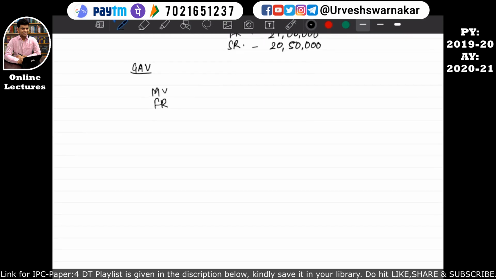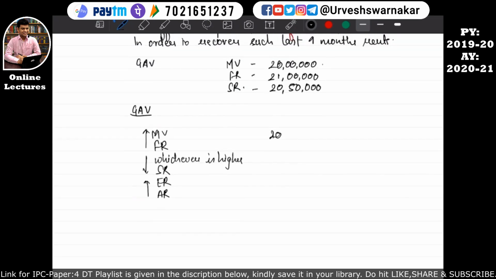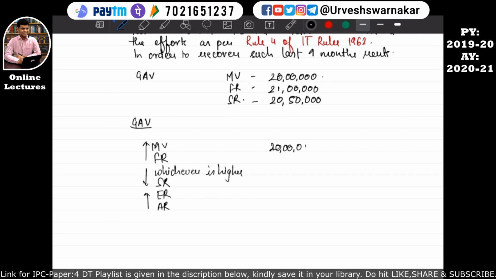So the municipal value and fair rent, whichever is higher, is compared to standard rent, and whichever is lower will give us expected rent, and then expected rent will be compared with the actual rent. So we will write over here municipal value is 20 lakhs, fair rent is 21 lakhs, whichever is higher of these two is 21 lakhs.